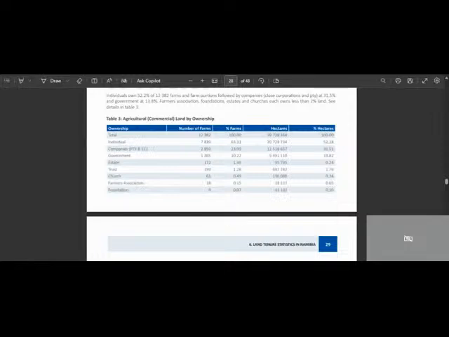This is how this land is owned. 12,382 individuals own it, mostly white people, the colonizers. They own 17,832. Mostly, I'm saying mostly because there are some black people also.